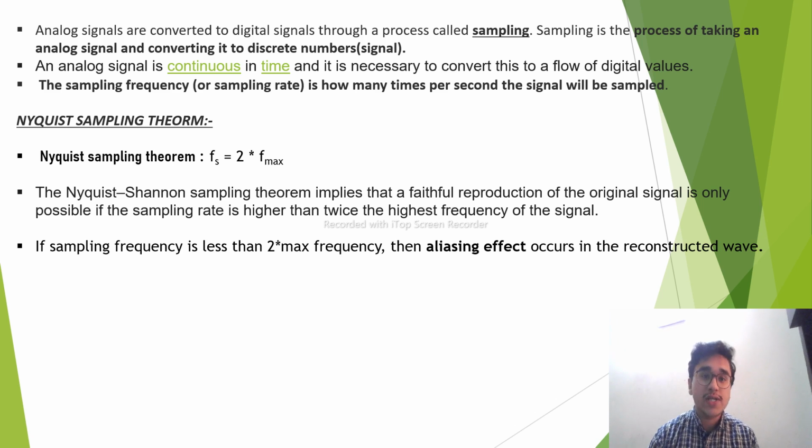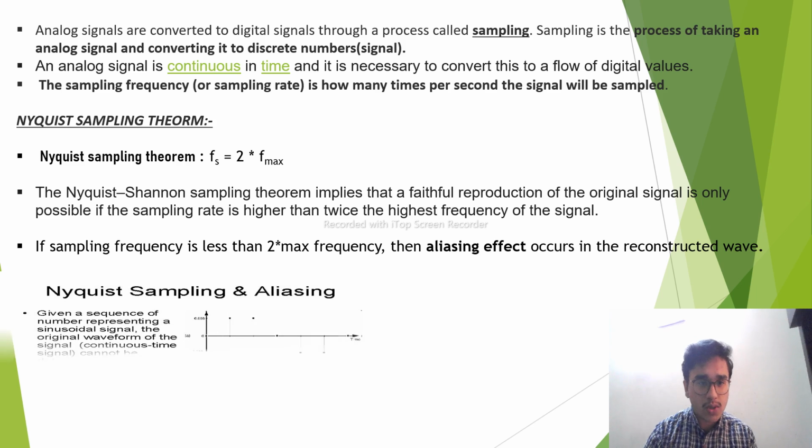If this condition is satisfied, then we can have the most accurate reconstructed wave when we cut it down into a number of discrete values. And here we come across a word called aliasing. We will take this up in the coming slides, but just to give you an overall understanding, aliasing is nothing but the error or distortion which the signal would have acquired from the surroundings.